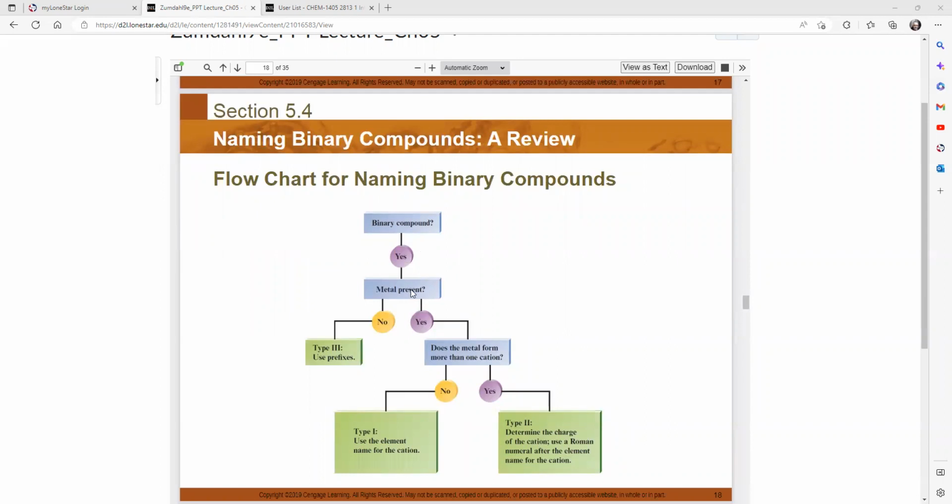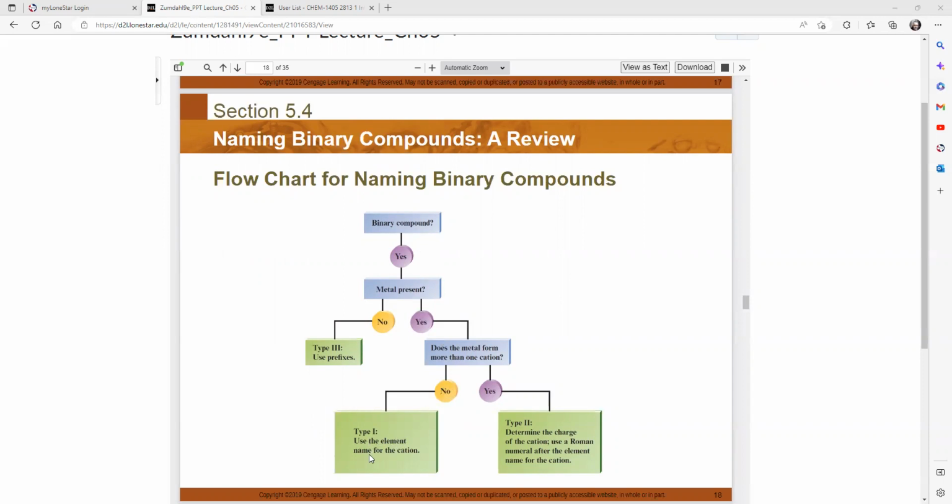But if you have a metal present, then you have to see what type of cation it is. Is it a cation that has more than one oxidation number? No, then it is type 1.